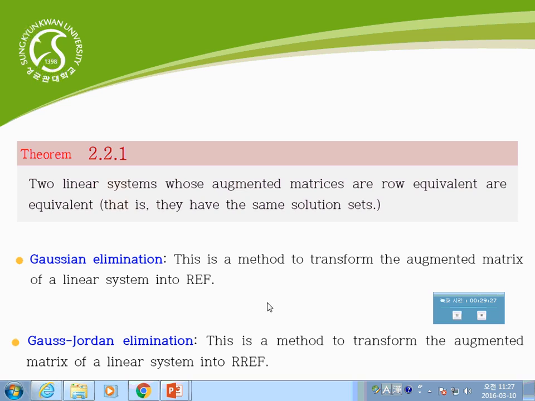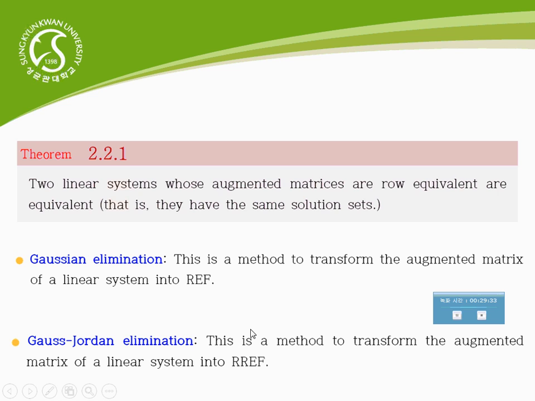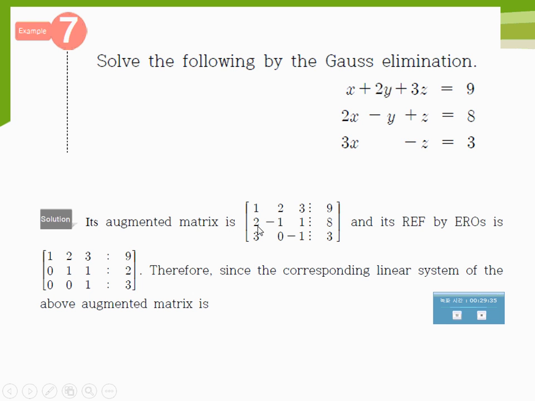Okay? And Jordan went one step further from the Gaussian elimination. That's the only reason that Jordan's name is there. Solve the following by Gaussian elimination. Suppose you have a linear system, then form an augmented matrix, then find the REF like this.